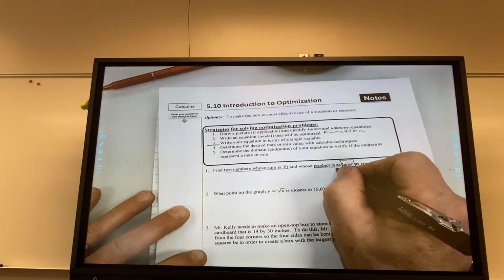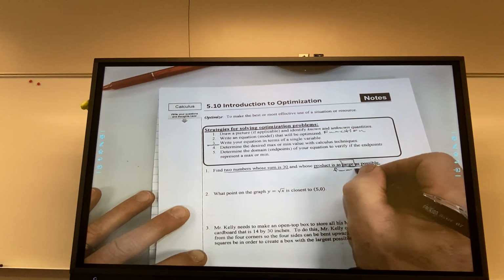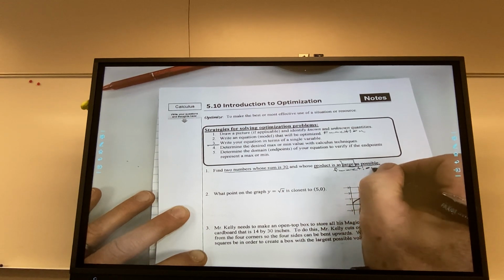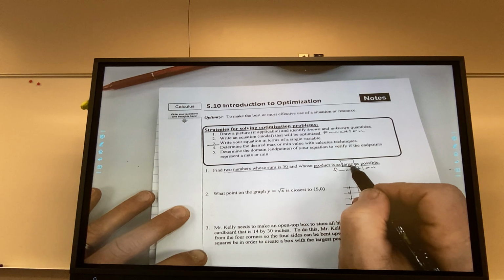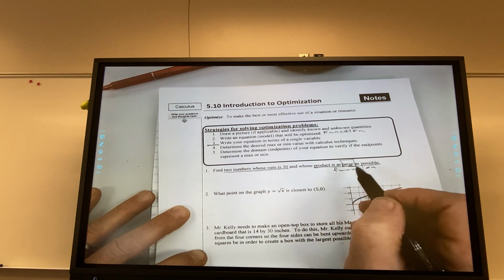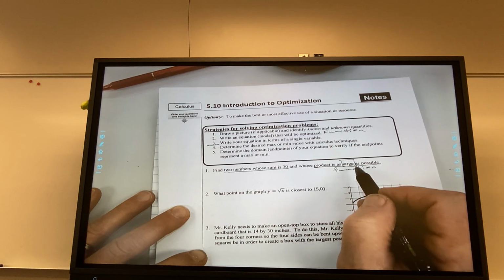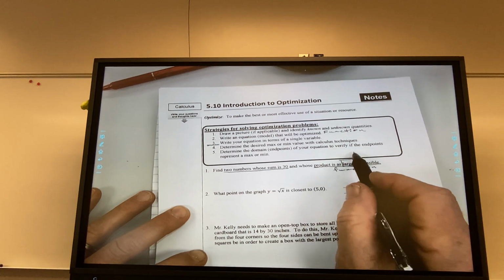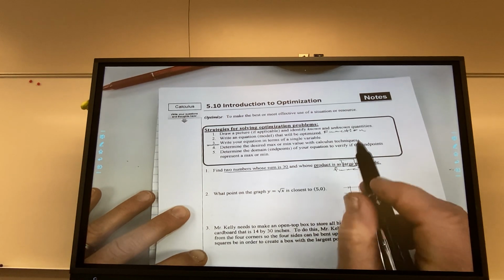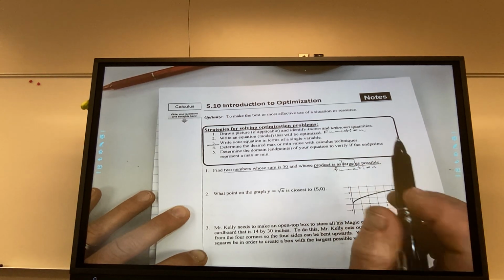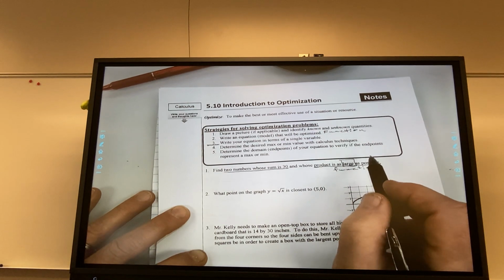This is the one that's going to be a function. Why is it going to be a function? Because that's what we're going to find the maximum of. Because the word large says I want to know the maximum. I want to maximize this. I want to find the maximum point, the relative maximum point, or the absolute maximum point.